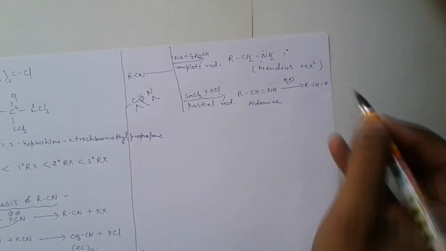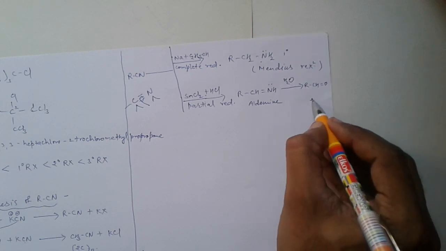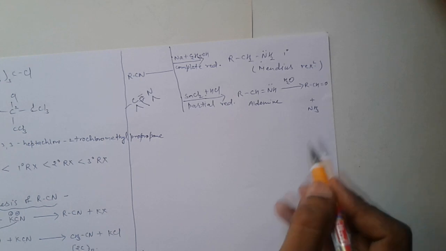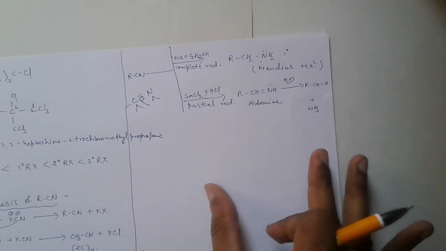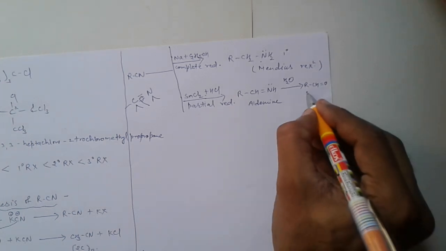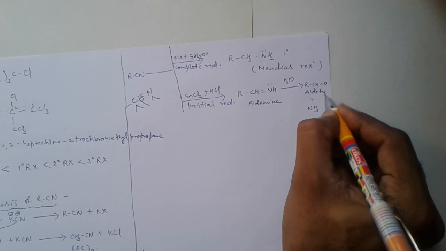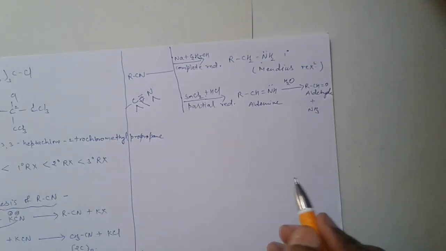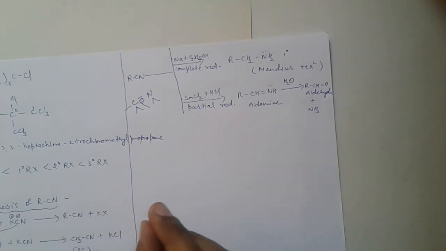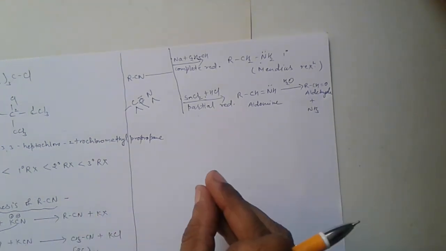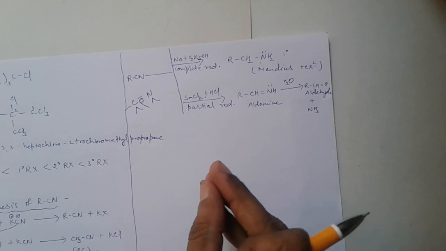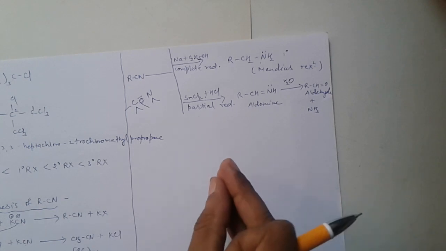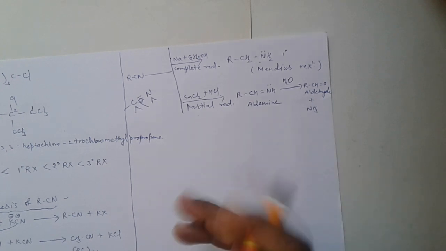So it is an aldehyde molecule, and NH3 is a byproduct in this reaction. It is known as Stephen reaction. We shall read all reactions in our next chapters of class 12th, chapter 11, chapter 12 and chapter 13.